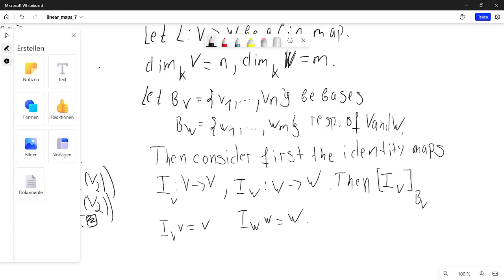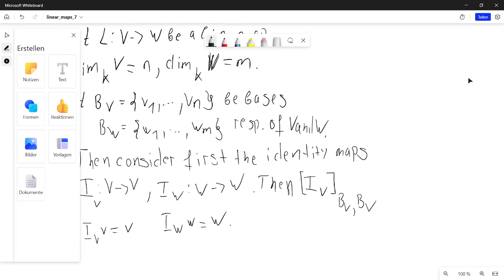So we consider it now represented with respect to basis B_V, and we map into the space, and we have again a representation in coordinates of the same basis, right? What would that be?